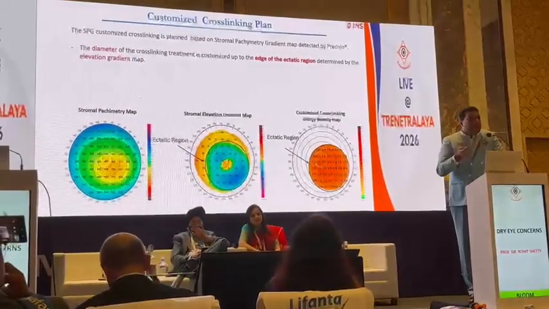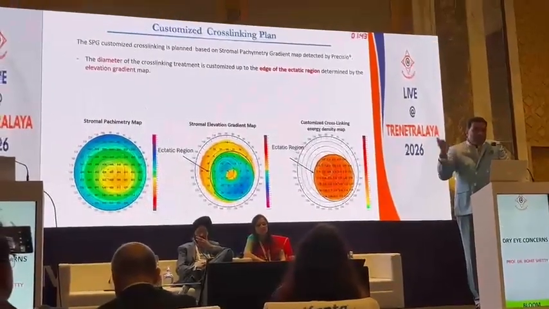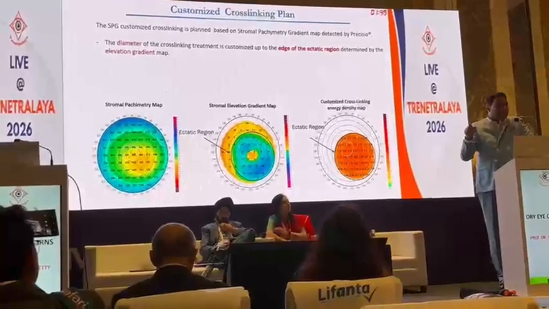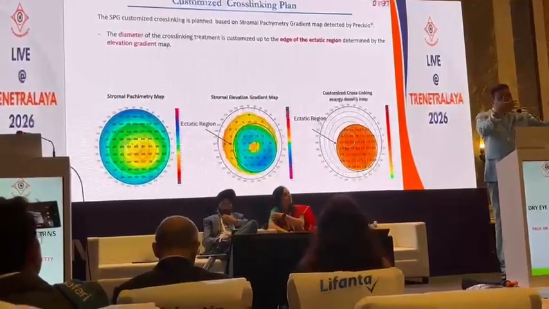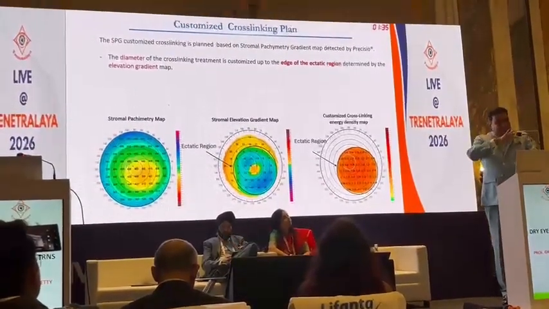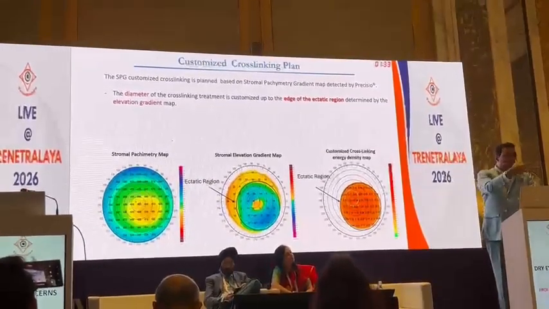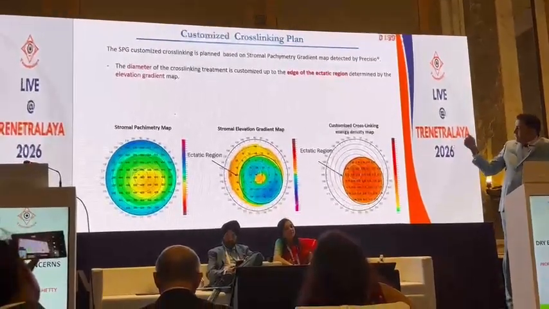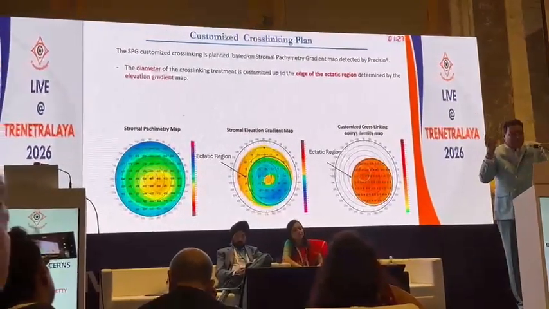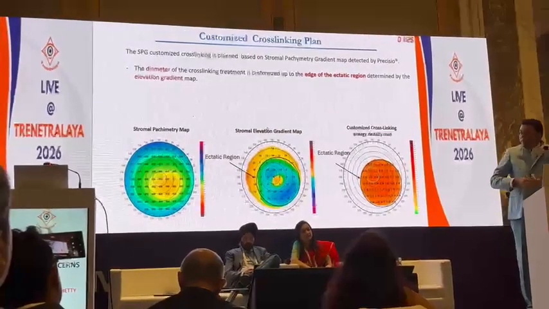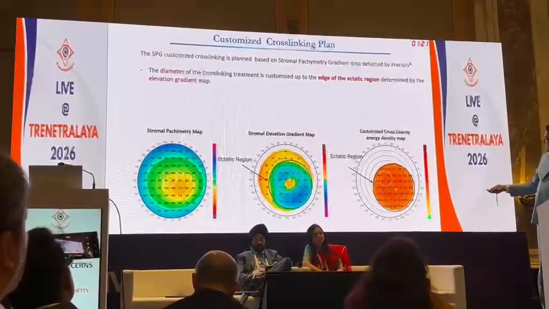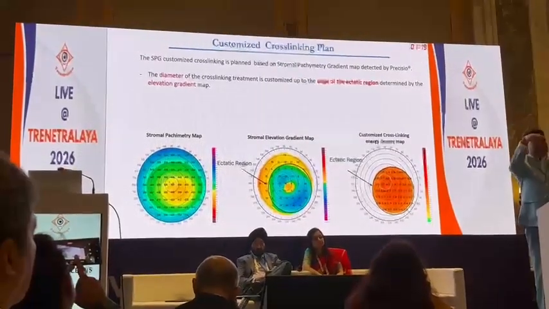It has an inbuilt cross-linking. That means you don't need a separate cross-linker. After you do the laser, you press the button for cross-linking. You don't need another machine to come in, where the laser moves out and the cross-linking machine comes in. And you don't need to calculate the depth. The machine does it automatically by the Mazzotta protocol. Look at this: you give different values, for example 3 joules, 3.7, 3.2, where the cone is, it focuses there.